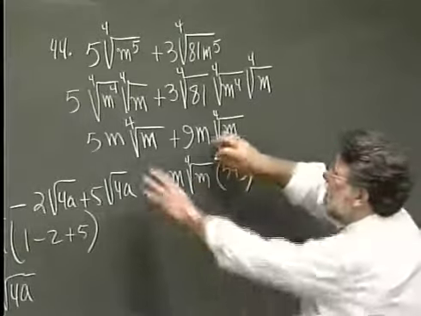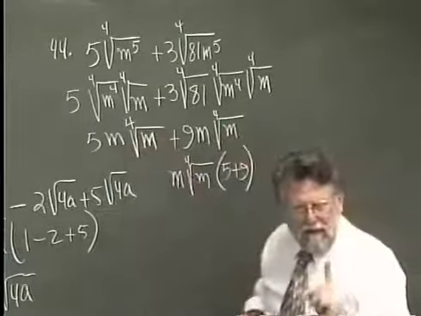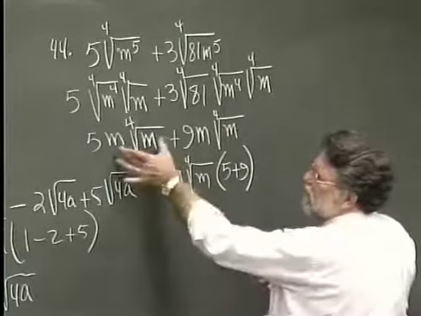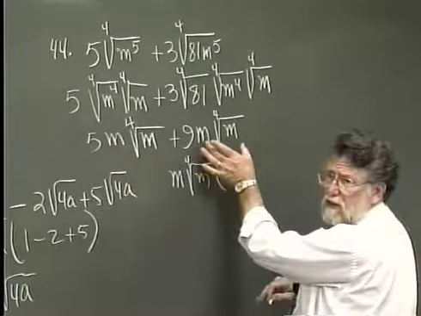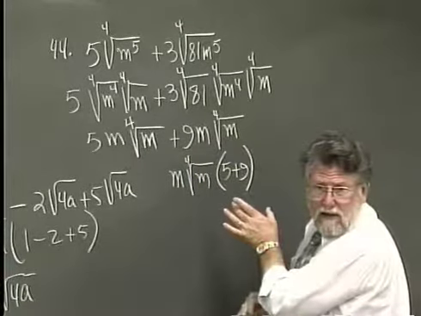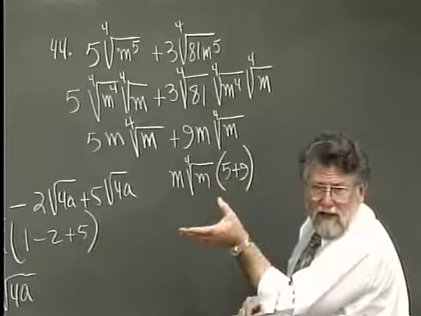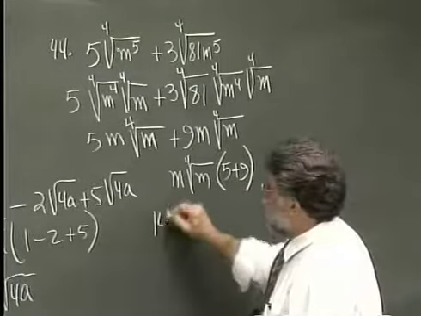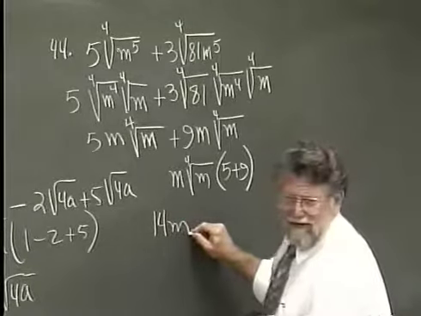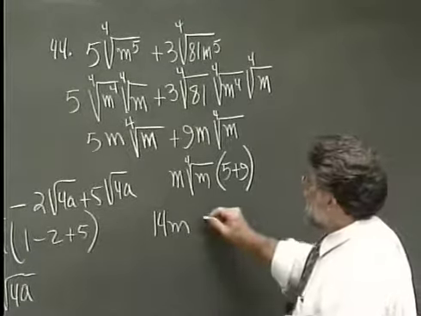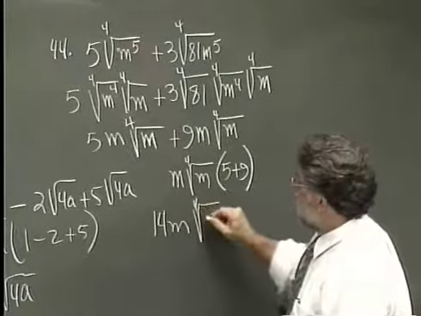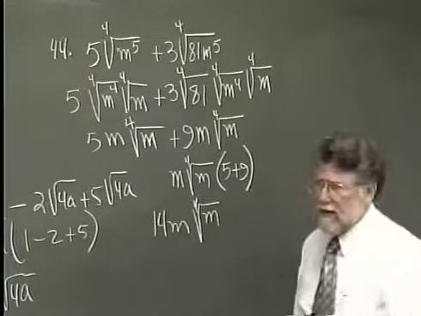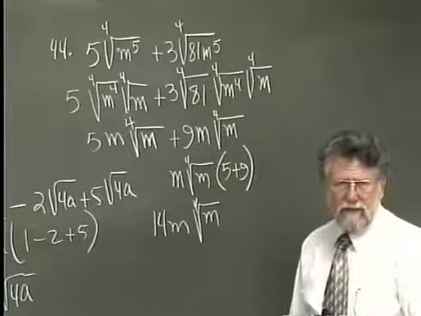Or you could just say, these aren't variable factors in the same way. But whatever is multiplied by the 5 is the same thing that's multiplied by the 9. So I have 5 of the same thing that I have 9 of. So I should have 14 of whatever it was. Well, that's a vague expression. But 14m, the fourth root of m. You're done.